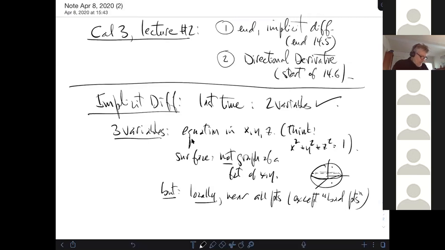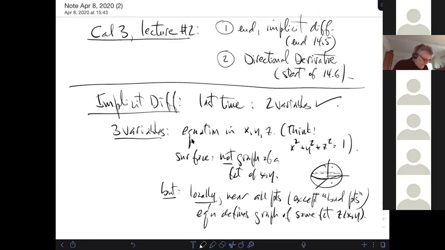These will be the bad points in this example, but for most points, you will have locally the graph of a function. So locally near all points, the equation defines the graph of some function z of x, y, which you might not be able to write down explicitly, right?